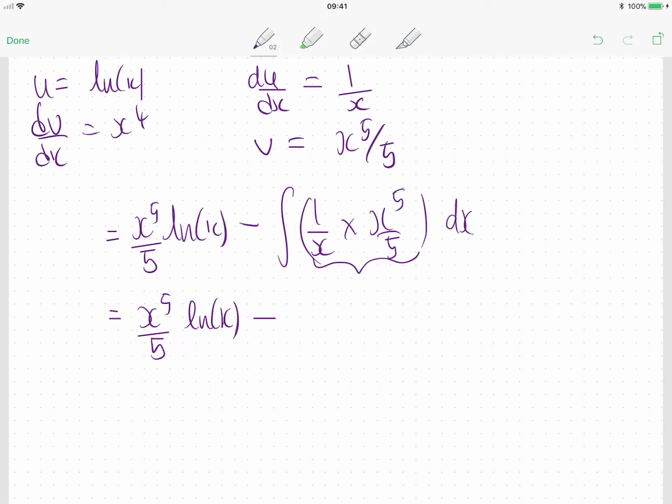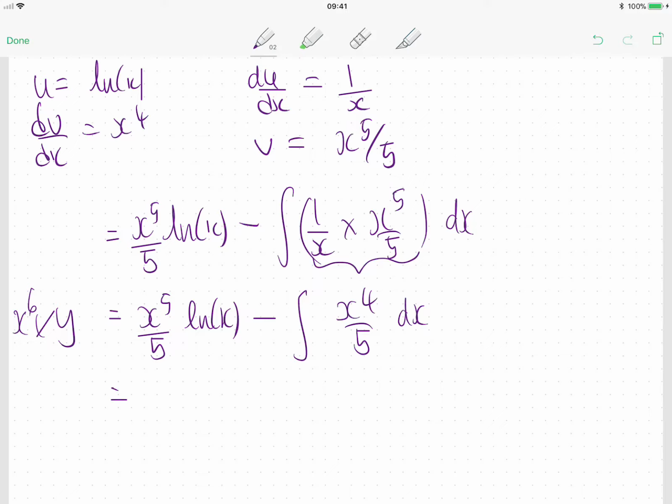Yeah, that's better. Okay, so to simplify this in here, we have x to the 4 over 5. I'm going to integrate that with respect to x. And the left hand side is the integrating factor, which was x to the 6 times y.